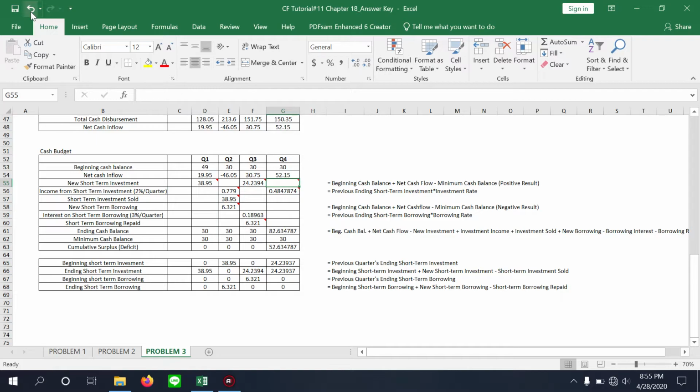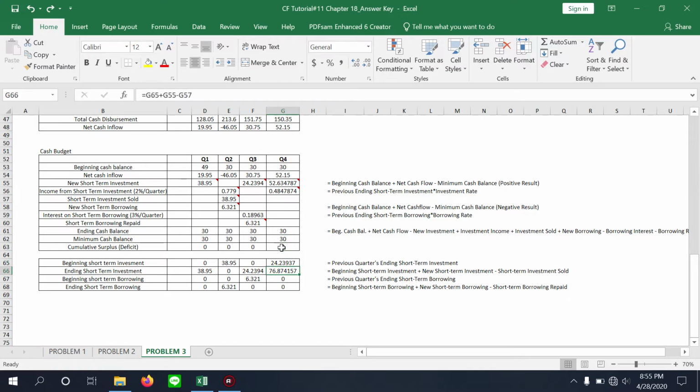In quarter 4, you have a cash surplus of 52 here, and you still have income from short-term investment. Please do not forget to include that. So when you face a surplus like this, you will invest. That's the reason why the cumulative surplus will always be zero.